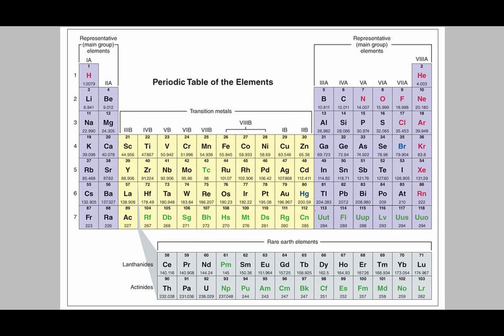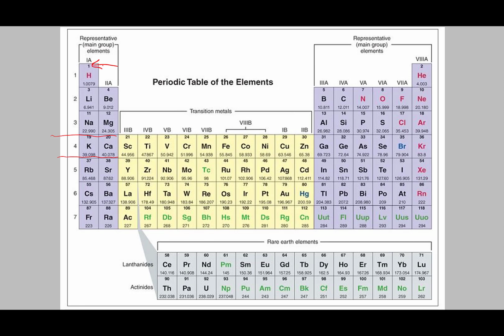Now, like I said, we're going to focus on those purple ones, especially the top 3 rows and a little bit at the start of the 4th. This is also available in your textbook in Appendix E. So if you want to have a printout or your digital textbook pulled up while we go through the rest of the lecture, it might be very handy because I will be referring to different parts of the periodic table.